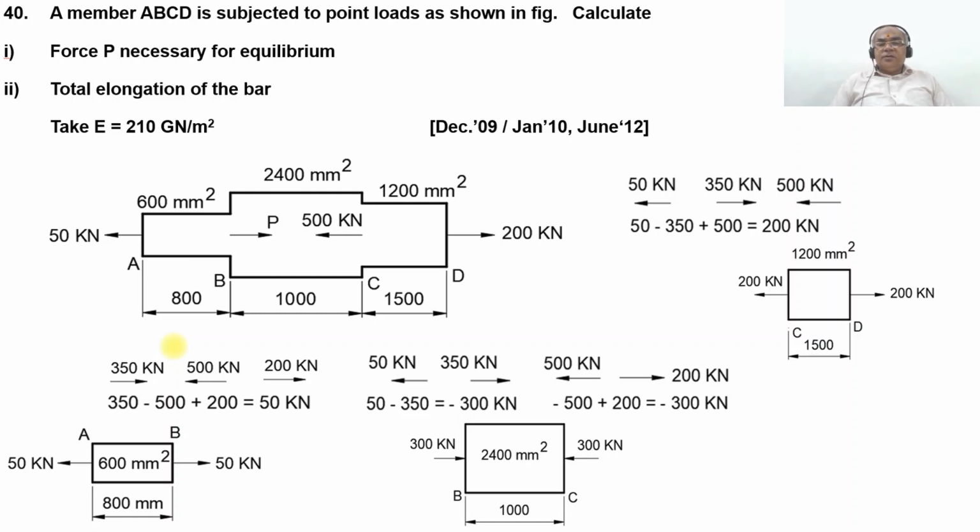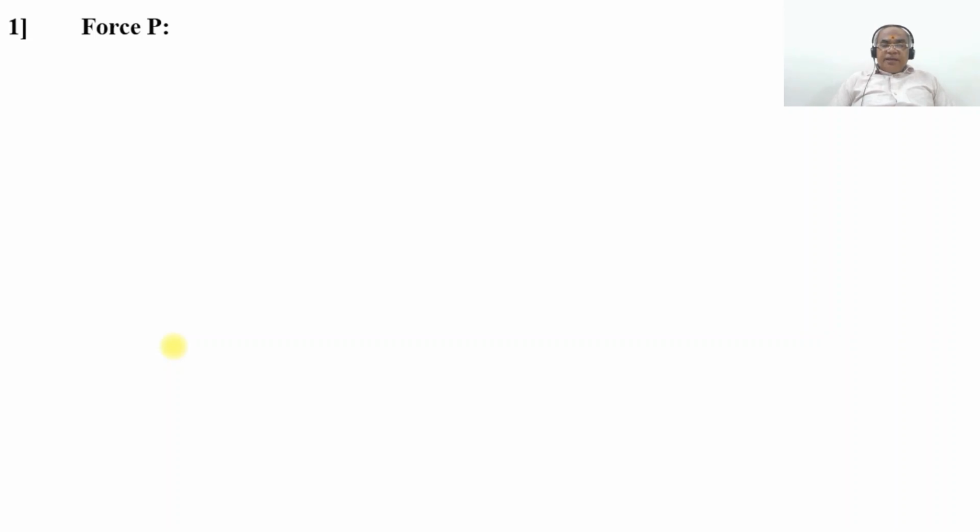On the right hand side, the load acting toward the right is only 200 kilonewton. So segment CD is now in equilibrium, having a length of 1500 and an area of cross section of 1200 mm square.